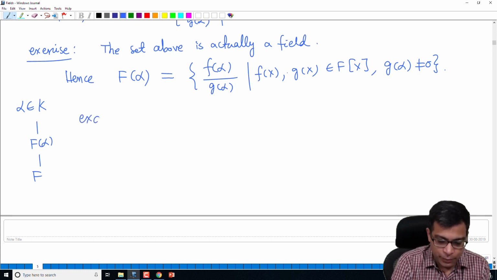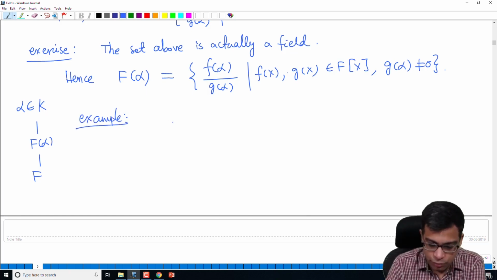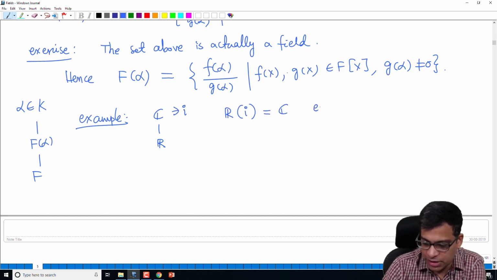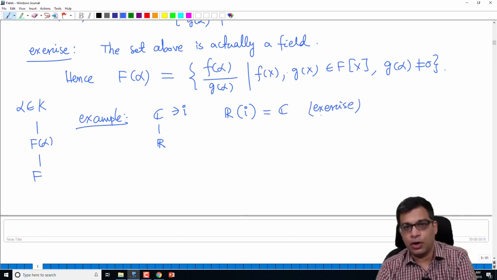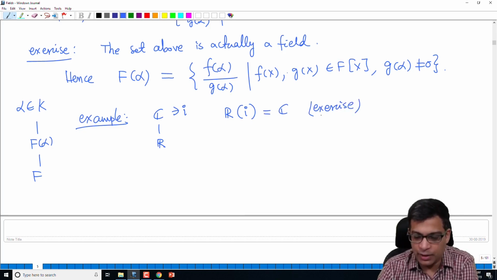So what are the examples of this? For example, if you take C over R and you take i here, the imaginary square root of minus 1, what is R(i)? This in fact I claim is C, and I will leave that as an exercise for you. What is R(i)?